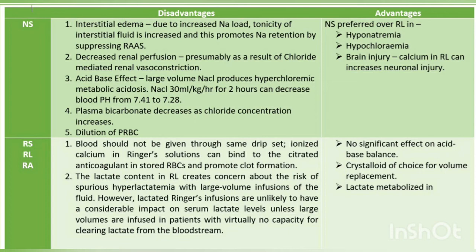The third disadvantage, and a very significant disadvantage of normal saline, is the effect on acid-base balance. If normal saline is infused at the rate of 30 ml per kg per hour for 2 hours, it can reduce the blood pH from 7.41 to 7.28.